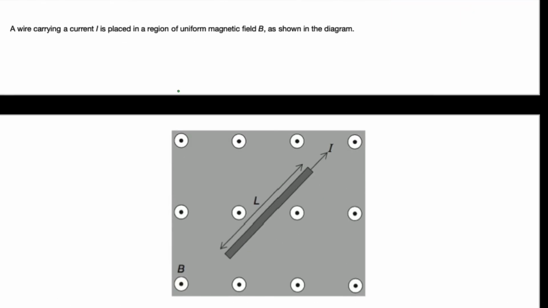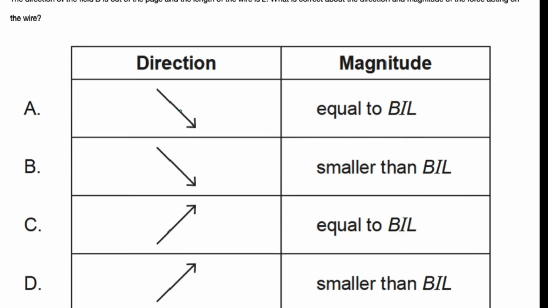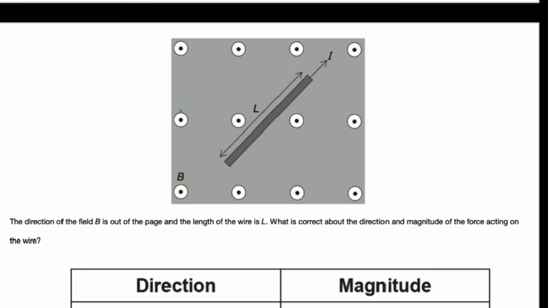A wire carrying current I is placed in a region of uniform magnetic field B, as shown in the diagram. The direction of the field lines is out of the page, and the length of the wire is out. What is correct about the direction of the magnetic force acting on the wire? We know the direction can be found by using the left-hand rule.